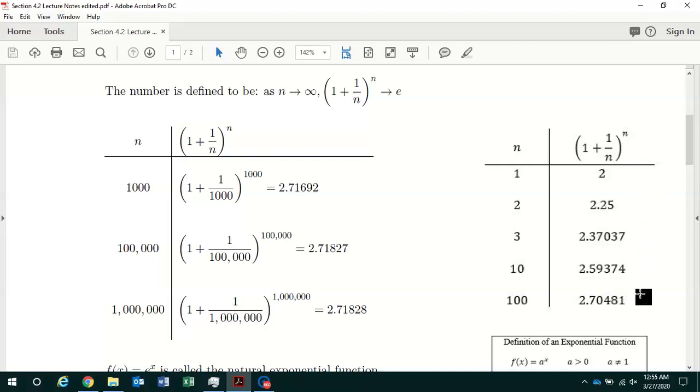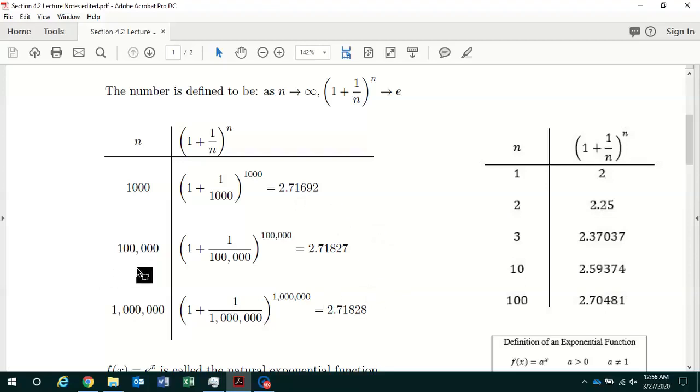You'll notice that as we go from the 1st to the 100th number in the sequence, the numbers are increasing, but the further out we go, the more the rate of increase is slowing down. In the table on the left, we find the 1000th number by putting 1000 in for n, and we get 2.71692.